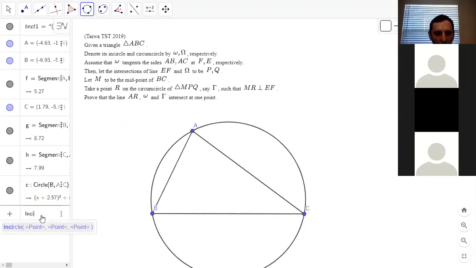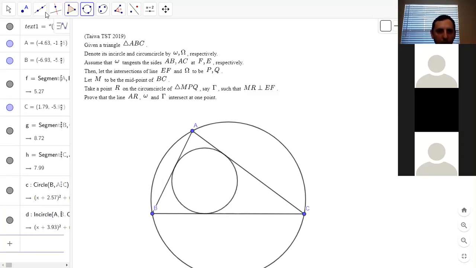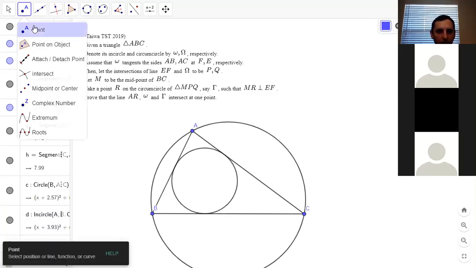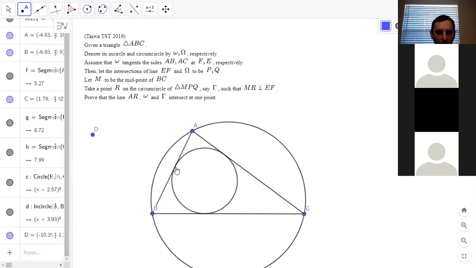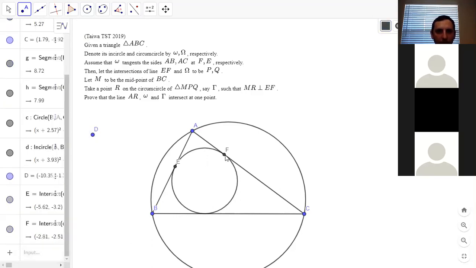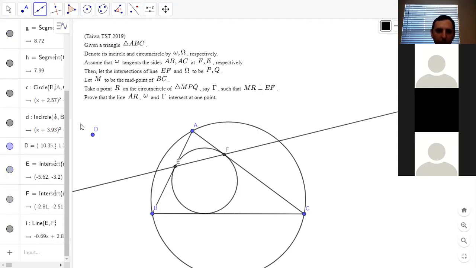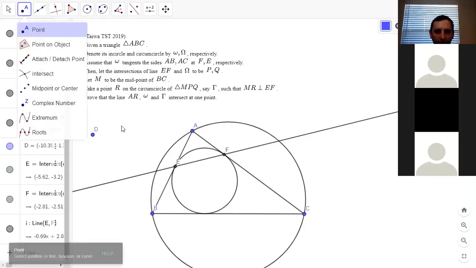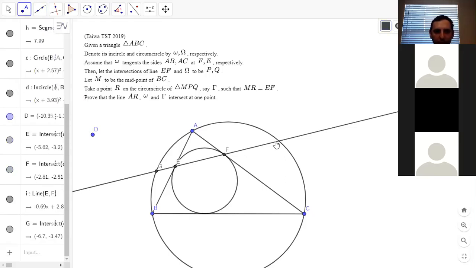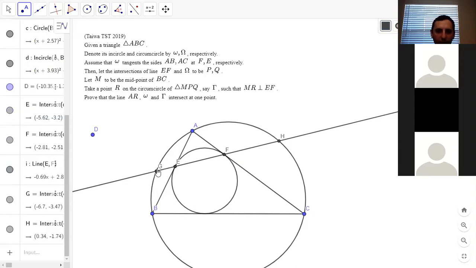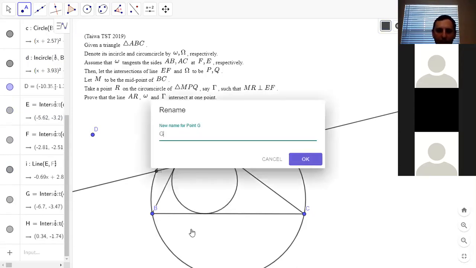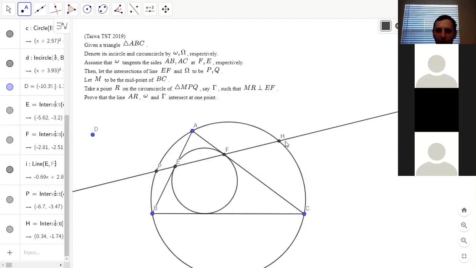And it's tangent at E and F. Then let EF and, I feel like I've seen a few problems like this, where you let EF intersect the circle at 2 points. And often they use poles and polars a lot because P and Q are both on the polar of A. So let's see if that helps at all.